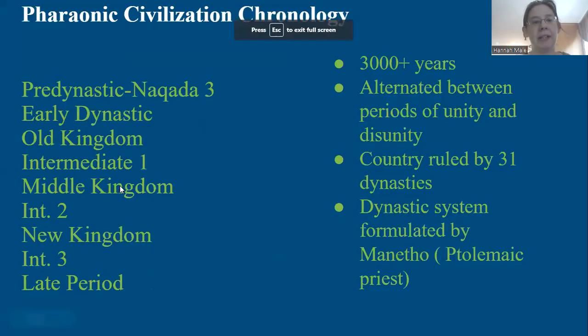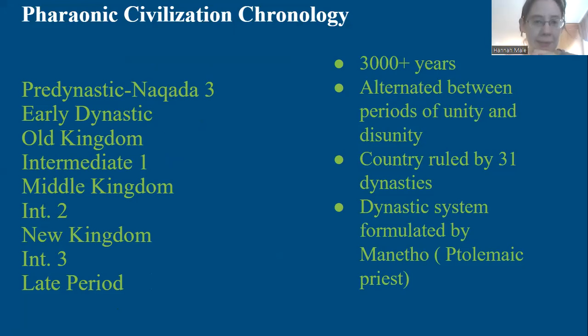So this is a very short chronology of Egypt, or at least it gives you the layout of the pharaonic period. Egypt starts out as not a unified state.